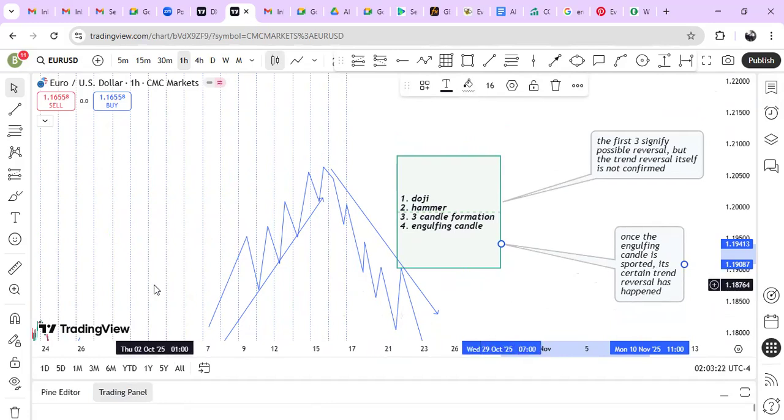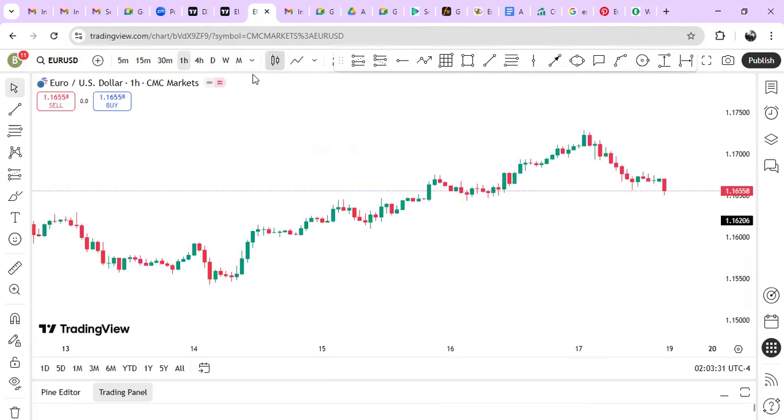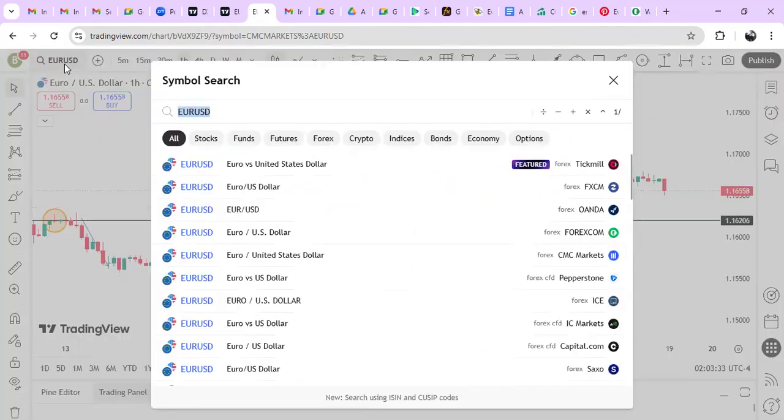So let's go to the charts now and look for something to work with. Okay, let's work with Euro cards.